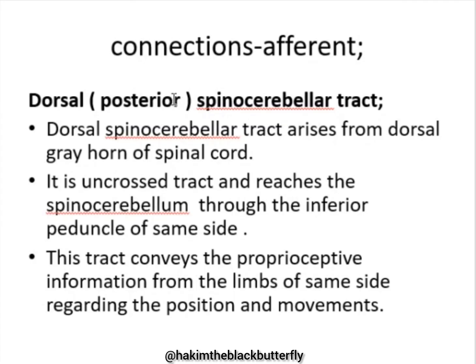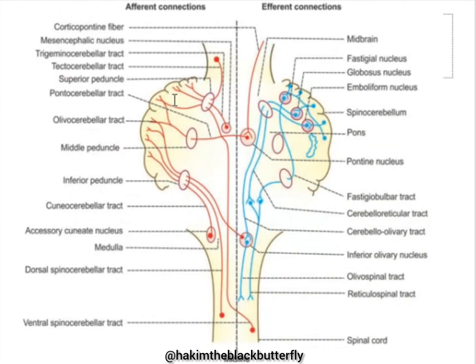You go and read about the posterior or dorsal spinocerebellar tract. And I've given you a very good illustration here. You can see the dorsal spinocerebellar tract transmitting information through the inferior cerebellar peduncle to the cerebellum. That one you go and revise it.